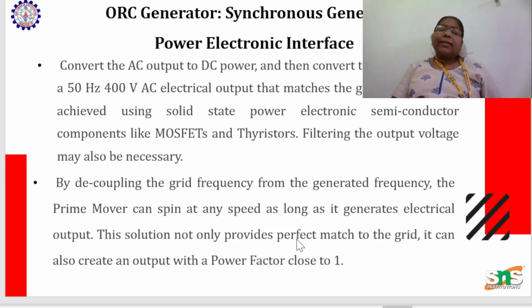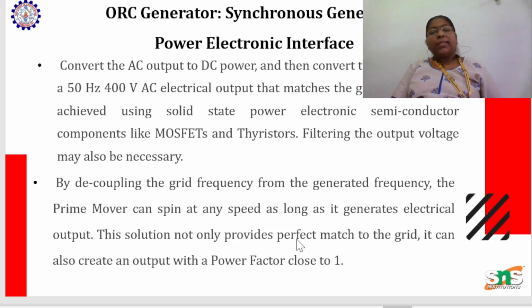If a synchronous generator is being used, even though the power output is going to be very low, it can be amplified with the help of power electronic interface circuits. So the low output power of the ORC generator can be amplified to a higher level.